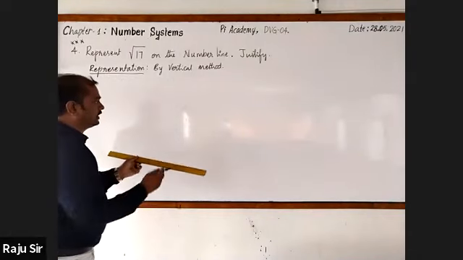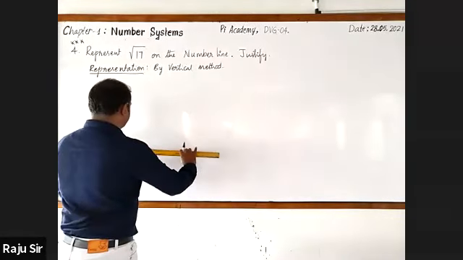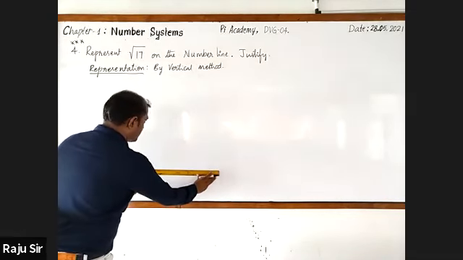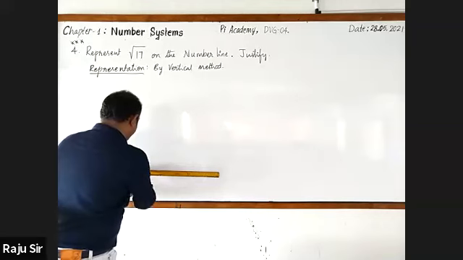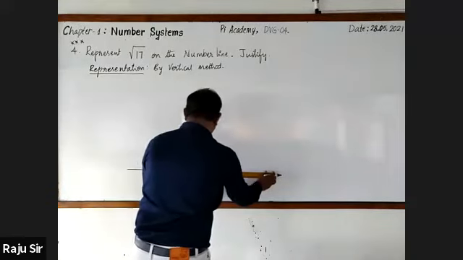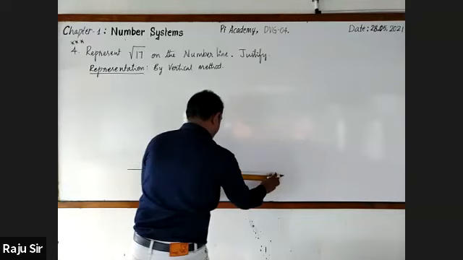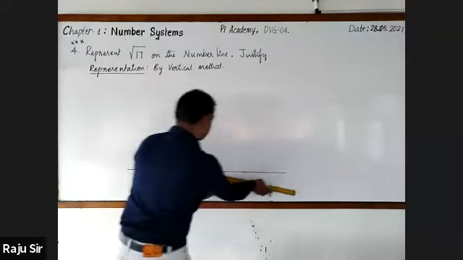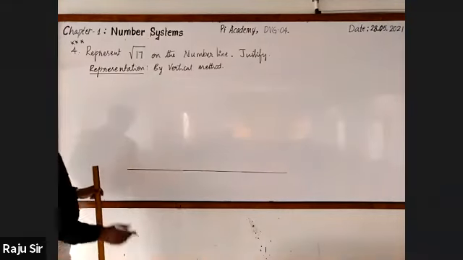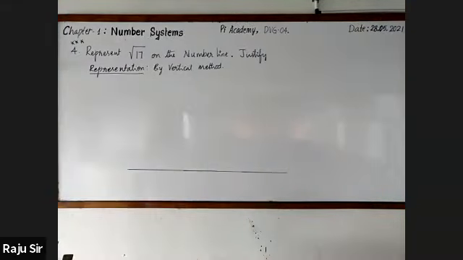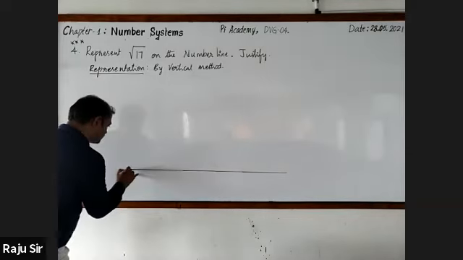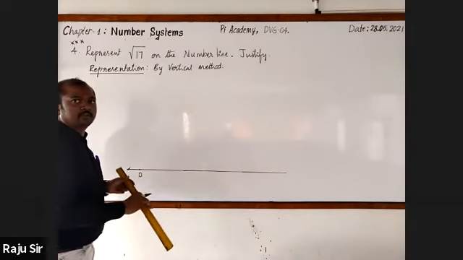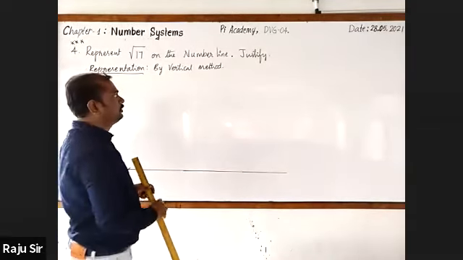Draw a straight line. Next, mark this point as 0. After 0, go on marking for every 2 centimeters.